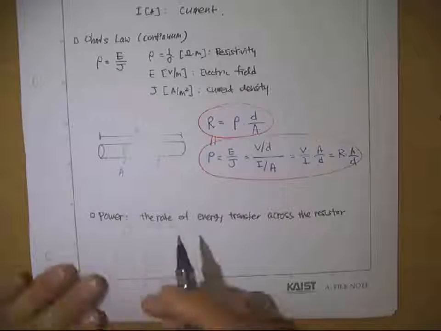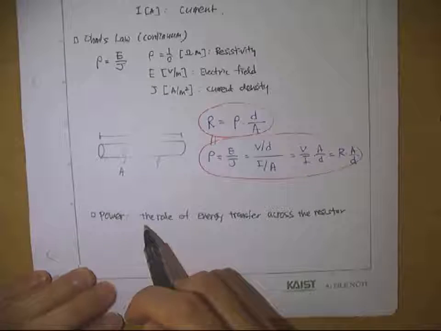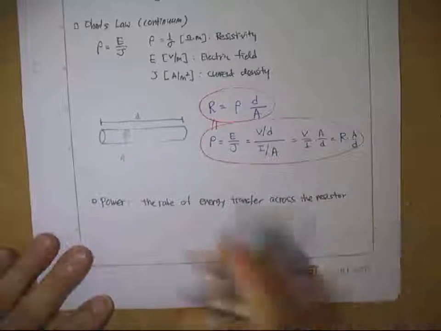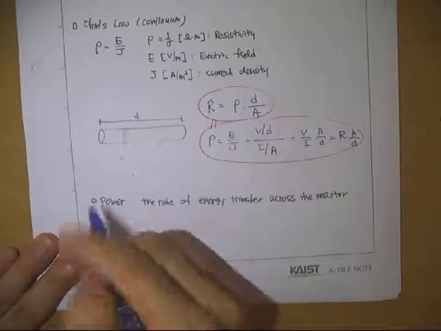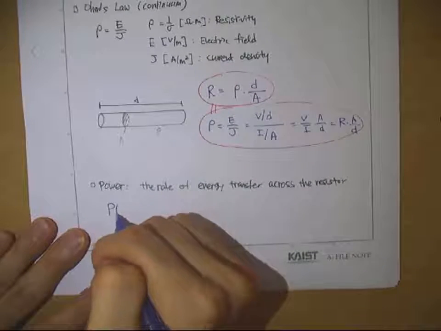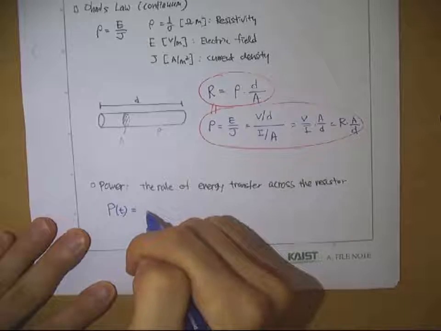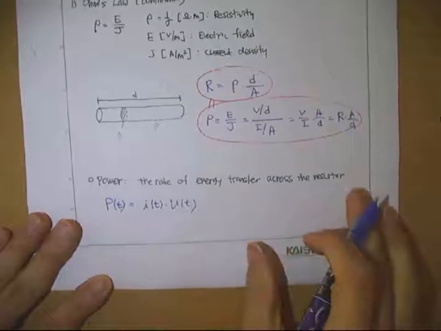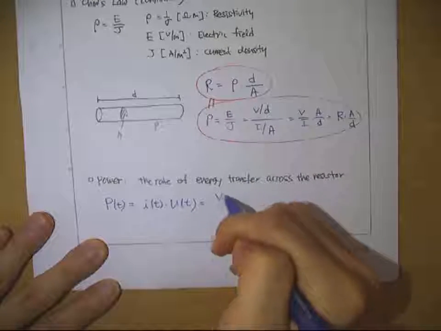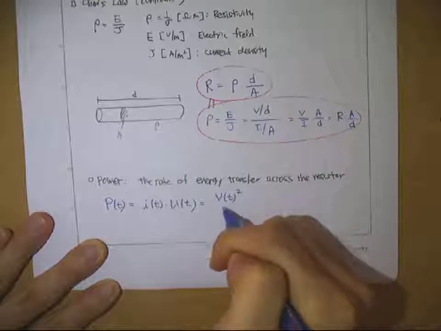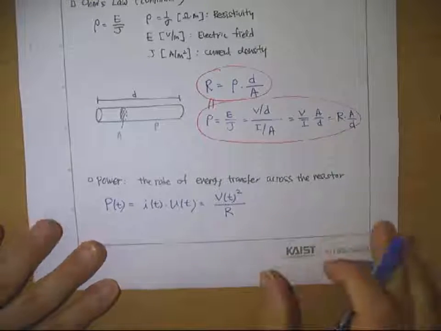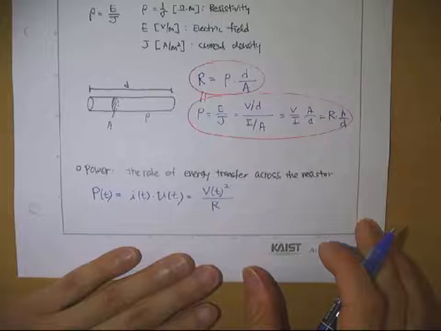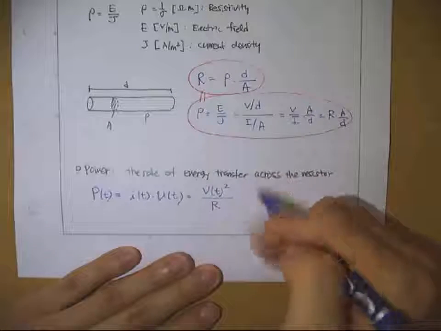And the power consumption is defined as the rate of energy transfer across the resistor. And the power, we use the capital P, is current times voltage, so V square over R. And the unit is what?